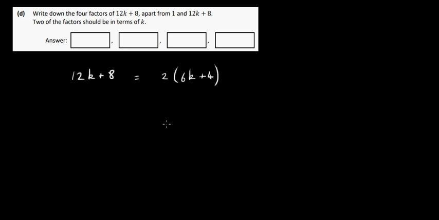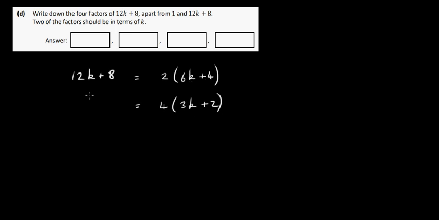So now we have two factors of 12k plus 8. We have 2 is a factor and 6k plus 4 is a factor. Let's see what else we could do. Well, we could also divide both by 4, so we could take 4 out, so that would give us 3k plus 2. Now we have all our factors here that we need, 4. 2, 6k plus 4, 4 and 3k plus 2.